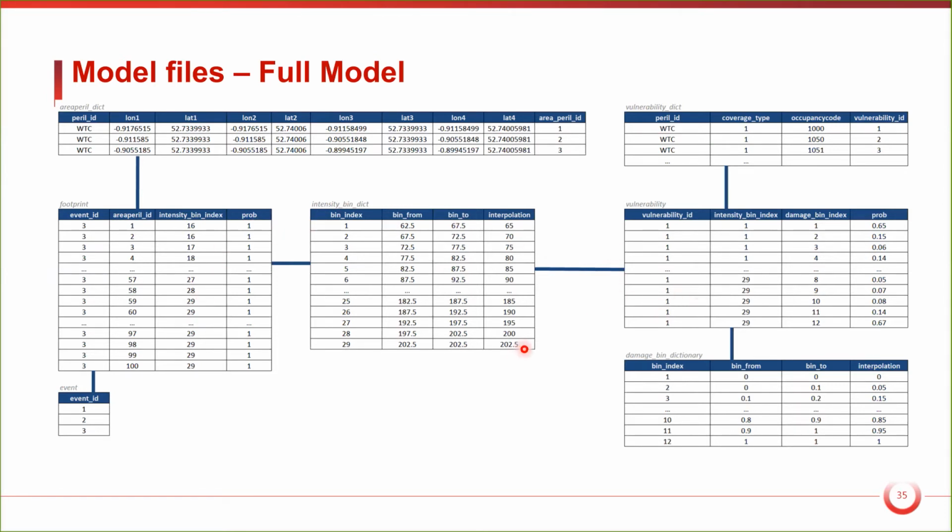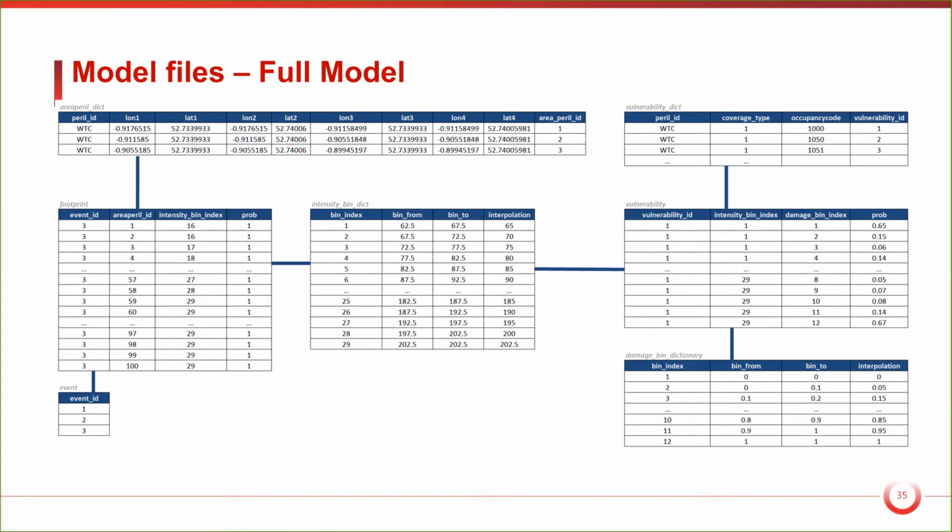I think, as I mentioned earlier on, this information is not actually used in the calculation kernel itself, but the important thing is that intensity bin 16 on this side means the same thing as intensity bin 16 on this side, because this table and this table come together in the calculation kernel to work out what the effective damageability distribution is for a specific location.